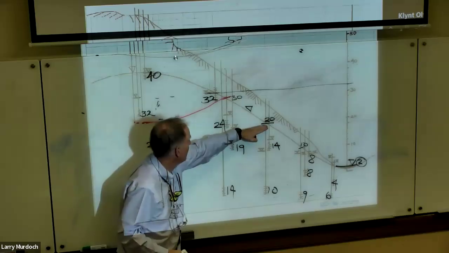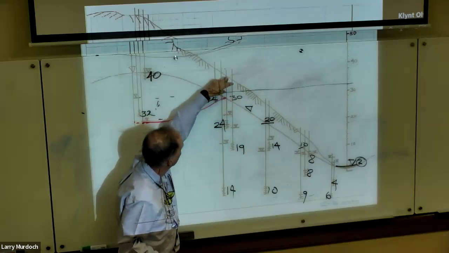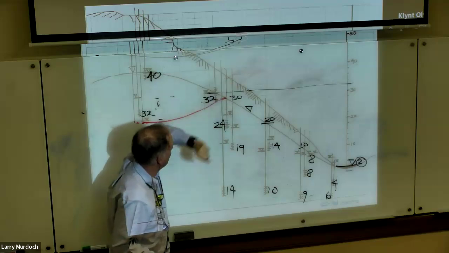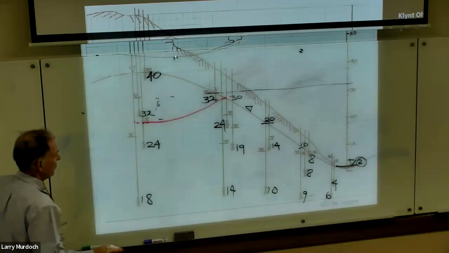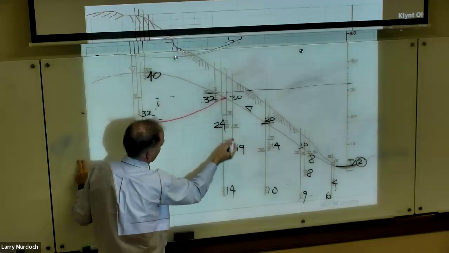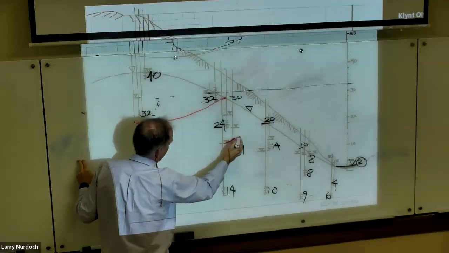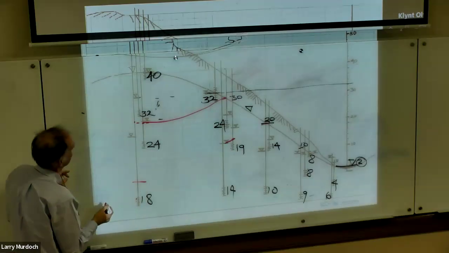So here's where 20 starts, and we're just going to take it to the water table. We're not going to put it up into the data zone. We don't really have any information there. So here's 20. Here's 24 and 19. So 20 is going to come through here. And here's 18 and 24, so it's going to be like this.